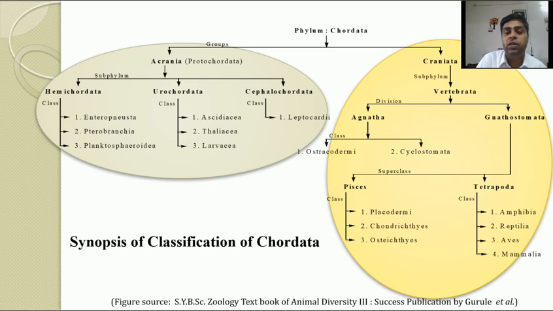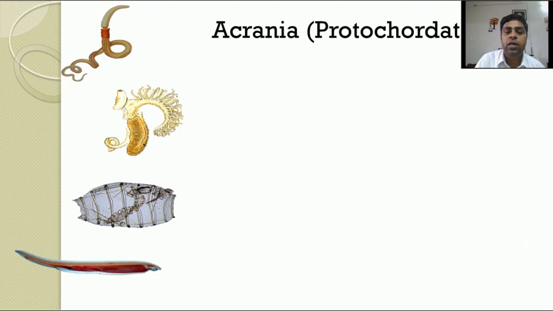This is because they are true chordates, meaning whatever important characteristics are shown by the phylum chordata, all these characters you can see in this group. So in this way the phylum chordata is divisible into two groups on the basis of whether there is cephalization or not. Okay, so let's see one by one.